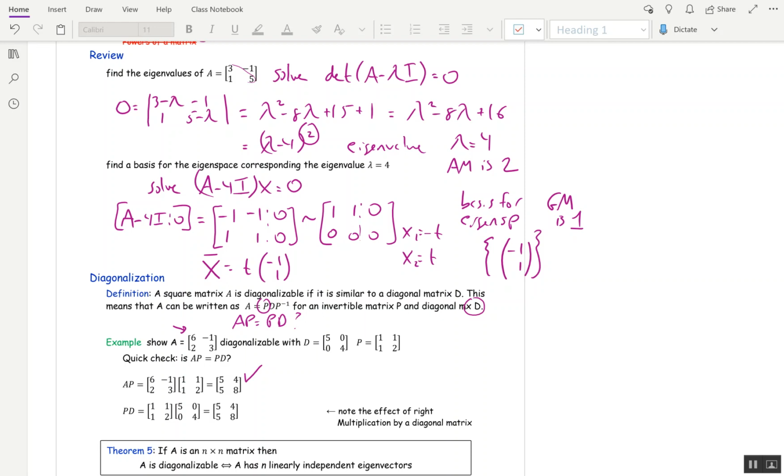PD, we're multiplying by a diagonal matrix, and note that right multiplication by a diagonal matrix scales the columns of P by the entries of D. And if we left multiply, we'll see at the end, if we left multiply by a diagonal matrix, that will scale the rows of a matrix.